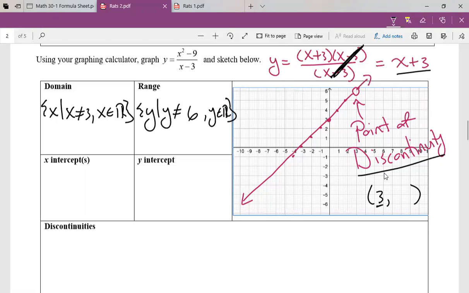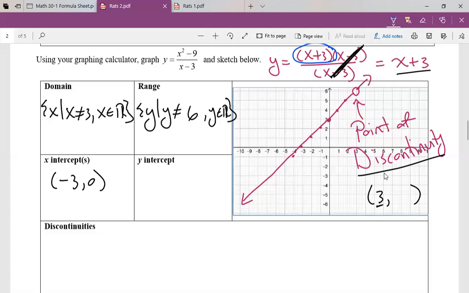Now, our x-intercept. Our x-intercept is at negative 3 comma 0. Well, I want you to notice this. Look at that factor right there. Oh, the factor of my numerator gave me my x-intercept. Very interesting. Y-intercept.